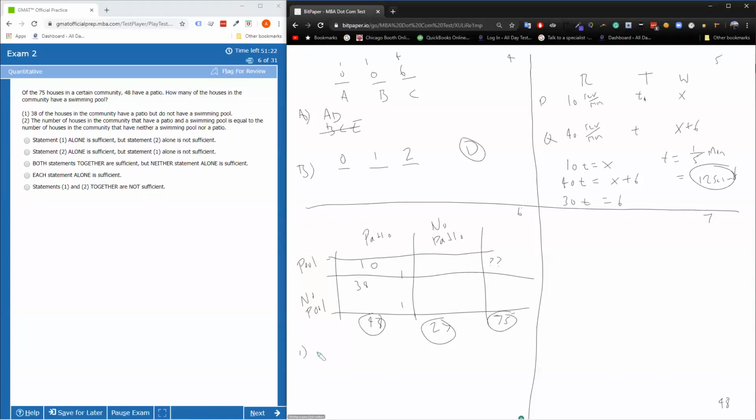So not sufficient. The number of houses that have a patio and a swimming pool is equal to the number of houses in the community that have neither. So I got to forget about this for a second. Just call this X, is equal to the number of houses that have neither.